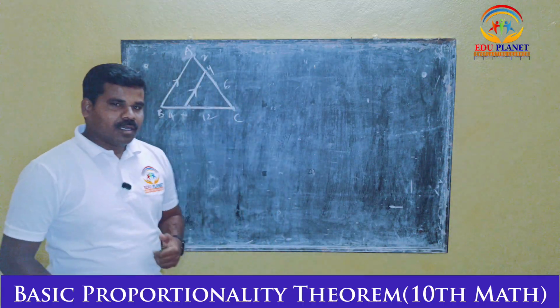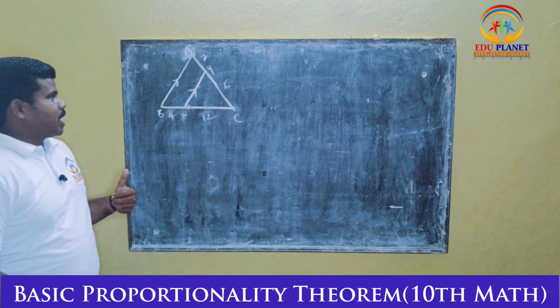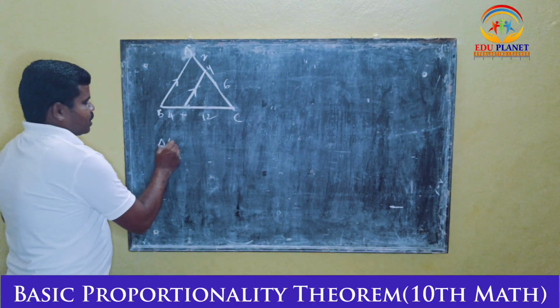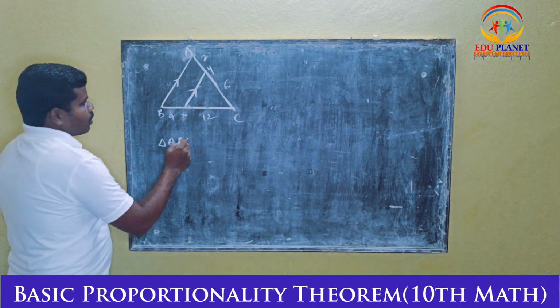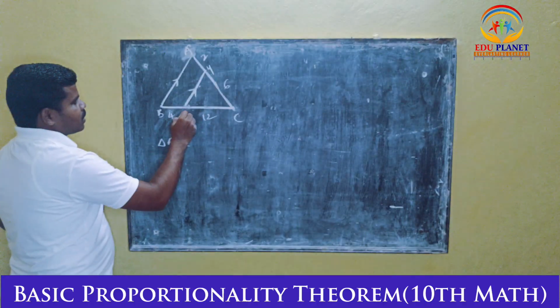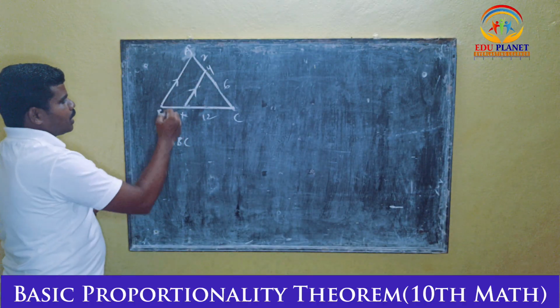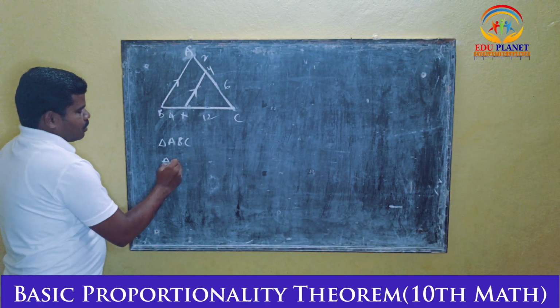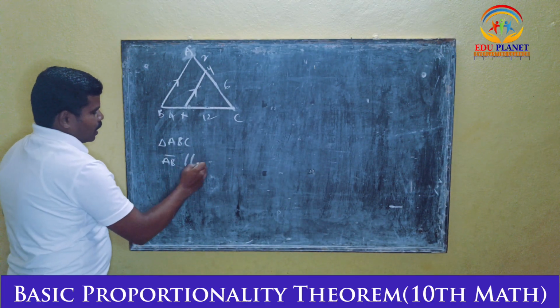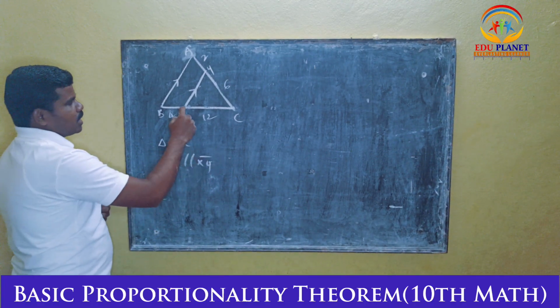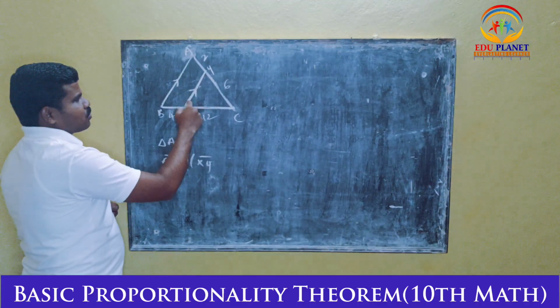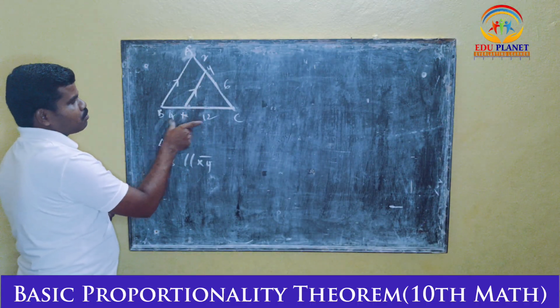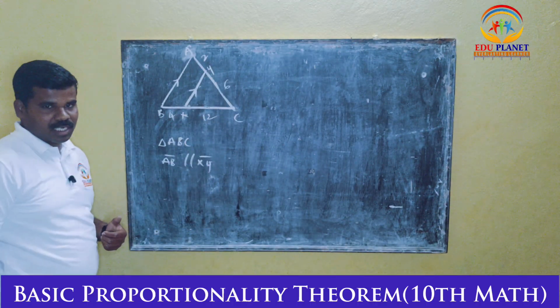By taking another triangle, now we are going to understand it. Dear students, have a look at this triangle ABC. What is parallel? XY parallel to AB. Yes, right? AB is parallel to XY. Then I can say that this parallel line XY will divide the remaining two sides BC and AC in the equal ratio.